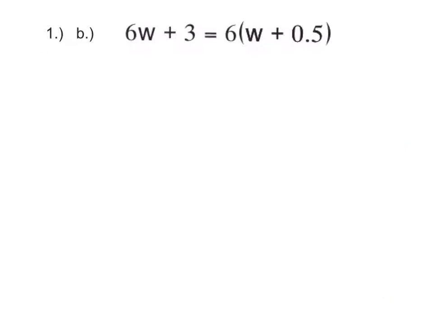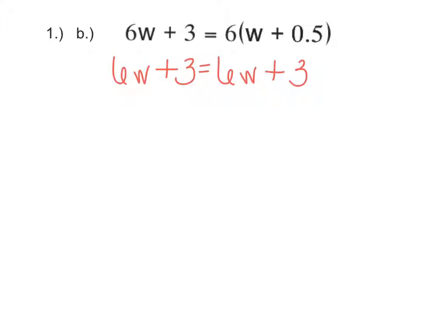Let's look at another. Alright, number 1, example B. I have to distribute before I can evaluate each side here. So I'm going to bring down 6w plus 3. 6 times w is 6w. And 6 times 0.5 is 3. I can go farther than this if I need to, but I can look already and see that these sides are perfectly identical.